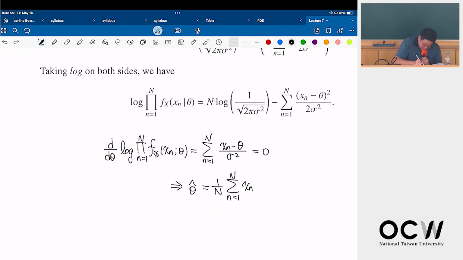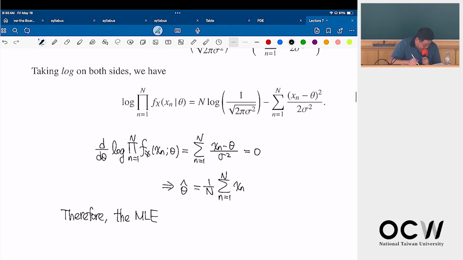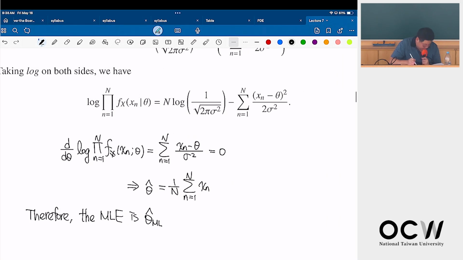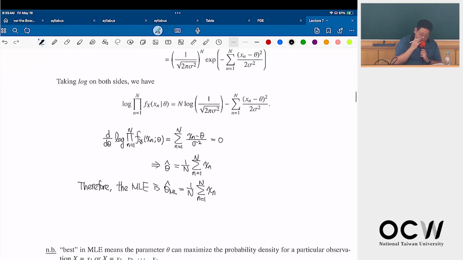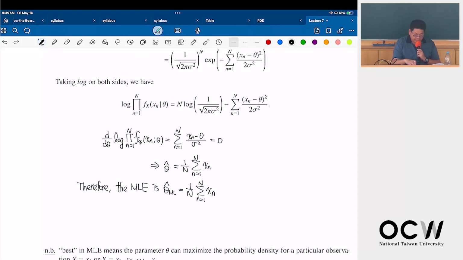So therefore, the maximum likelihood estimation, MLE, is 1 over n. Also take the average of your observation. So now the MLE, this best theta, is also the average of your observation.